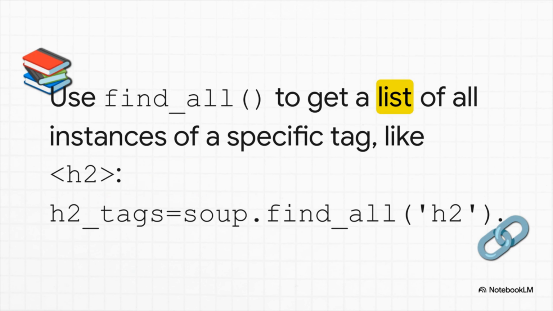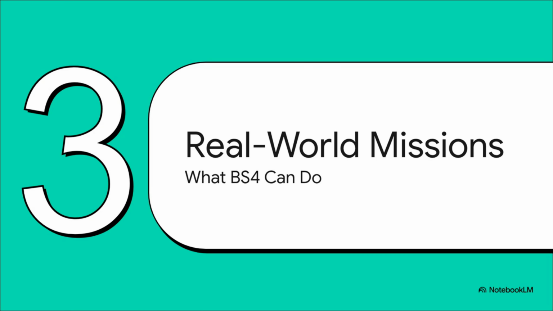And this isn't just for finding one thing at a time. Oh no, we can use a command called findAll to ask for every single instance of a specific tag. So for example, we could get a list of all the H2 headings on a page, just like that.